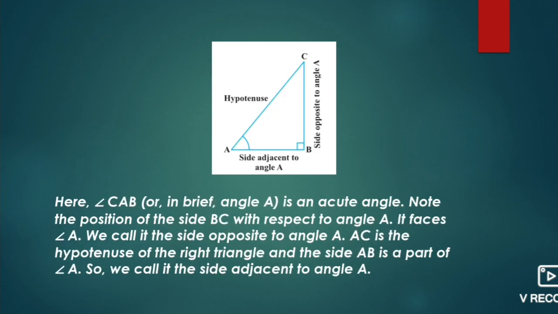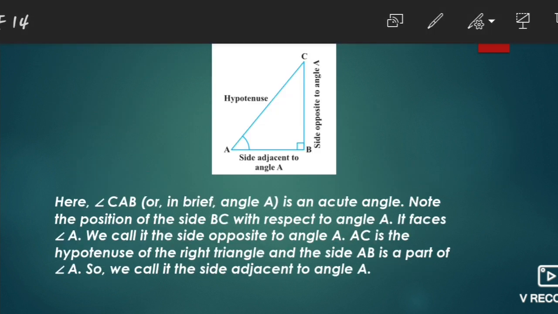First of all, look at this diagram. In this diagram, ABC is a right angle triangle where the right angle is at the point B. As you can see, AC, opposite to this right angle, will be the hypotenuse, you know that. I am considering here A as the acute angle.